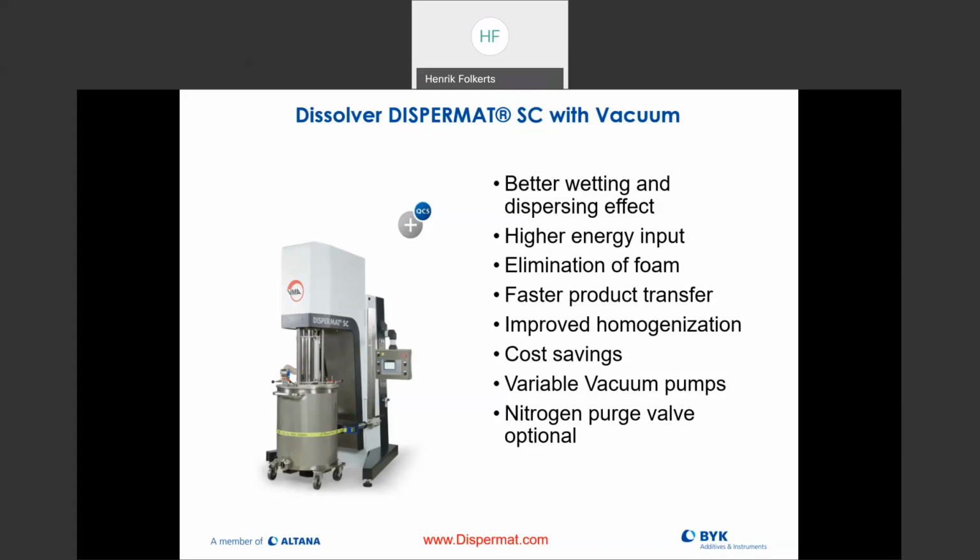And also, I don't need to put in as many raw materials. Some customers, for certain applications, want to have a nitrogen purging valve, so that's also a possibility that you could add to any of these dissolvers.